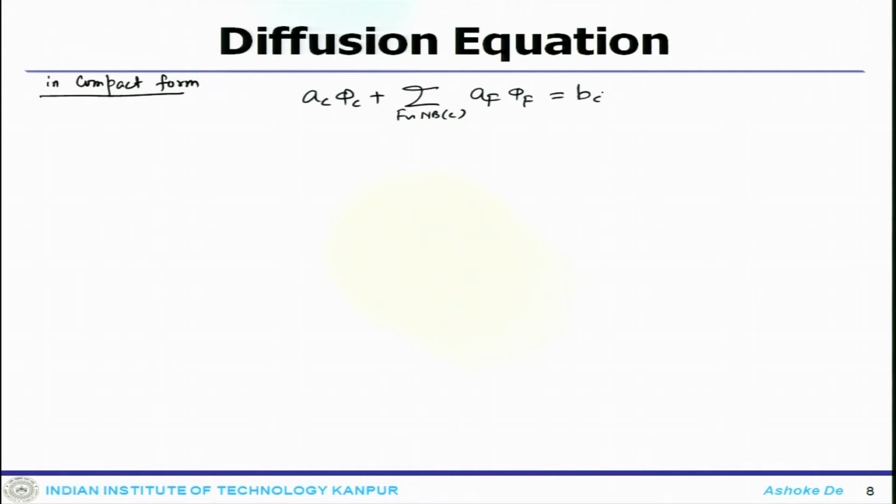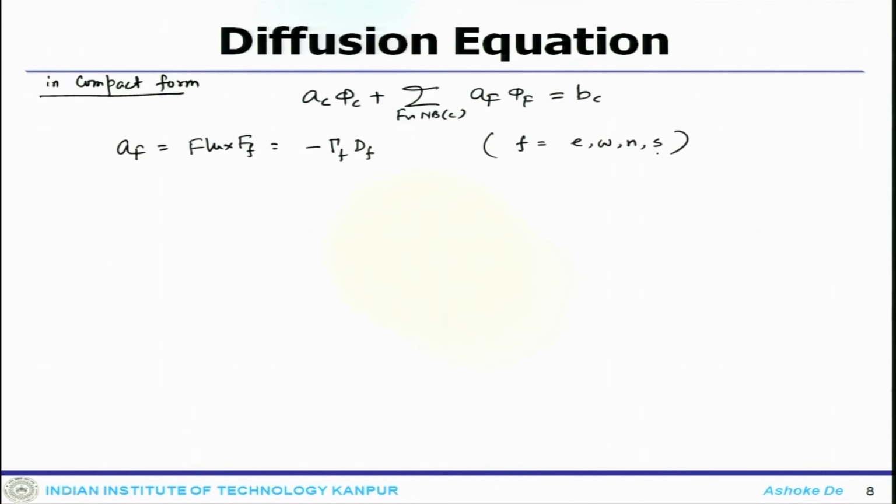And what does A_f stand for? A_f stands for flux F_f, which is minus gamma_f d_f, where small f is east, west, north, south.